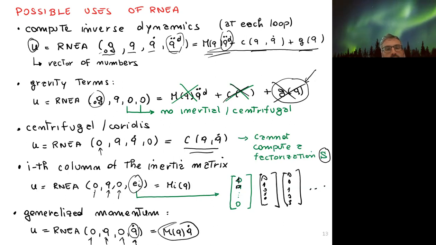And this is used for collision detection without having sensors. So whenever you have an impact on the robot, you can check this generalized momentum and you will detect a collision. This is an algorithm invented by Alessandro De Luca.